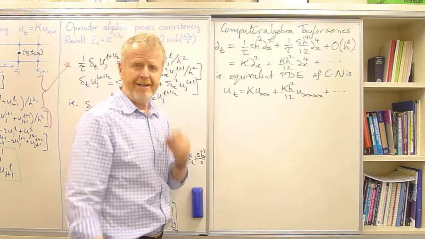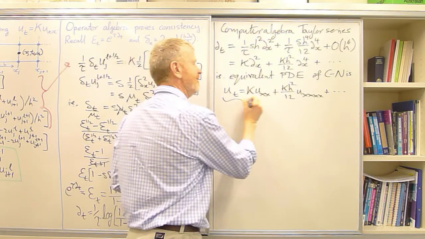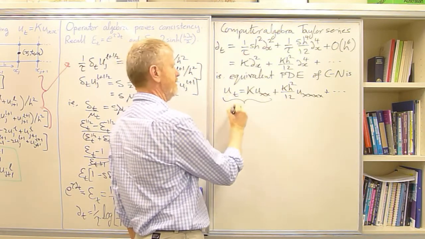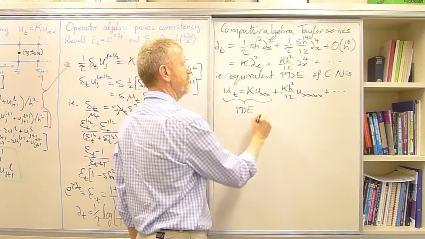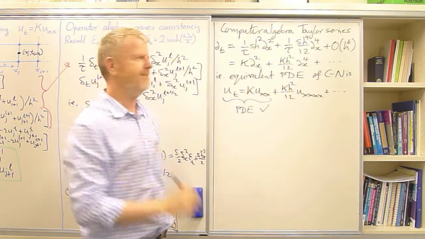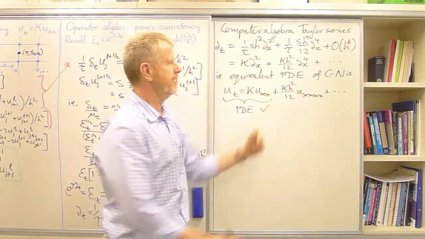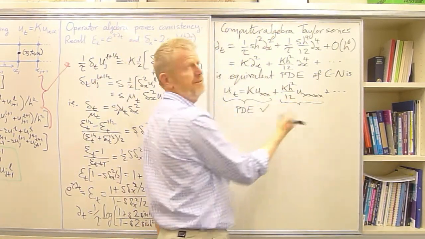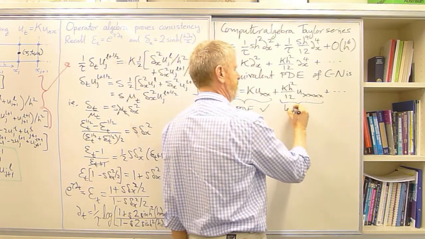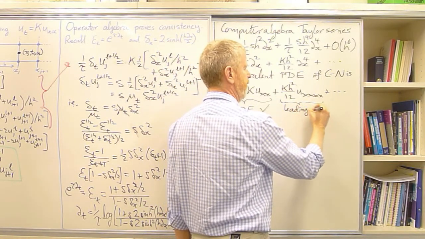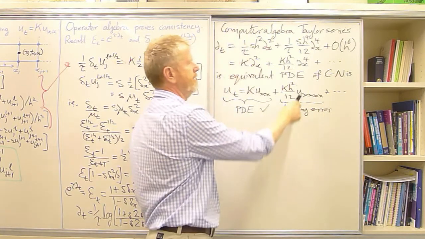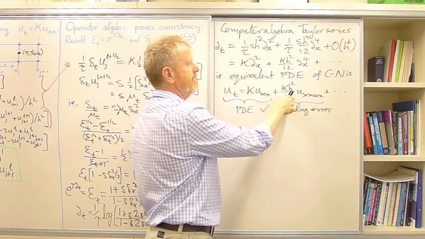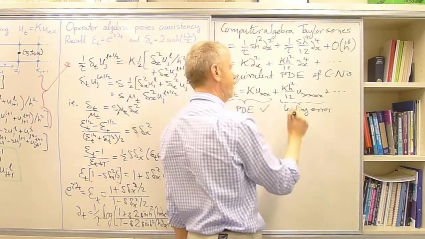Now this equivalent PDE is great. What we have here is the original diffusion PDE. That's marvellous. And what we have here is the error, and in particular this term is the leading error. And the key feature about this leading error is it's got a coefficient of h squared in there.